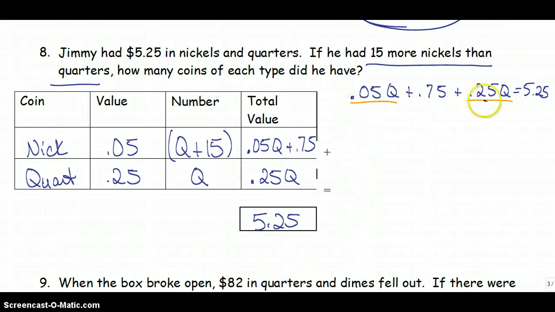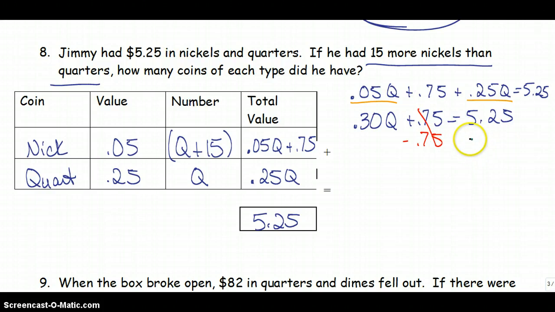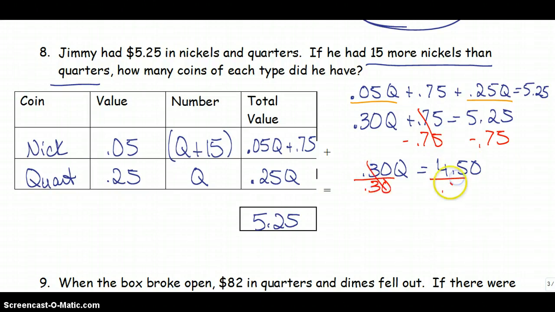And when we do that, 0.25 plus 0.05, we get 0.30Q plus 0.75 is equal to 5.25. Subtract 0.75 from both sides. 0.30Q is equal to $4.50. Divide both sides by 0.30.